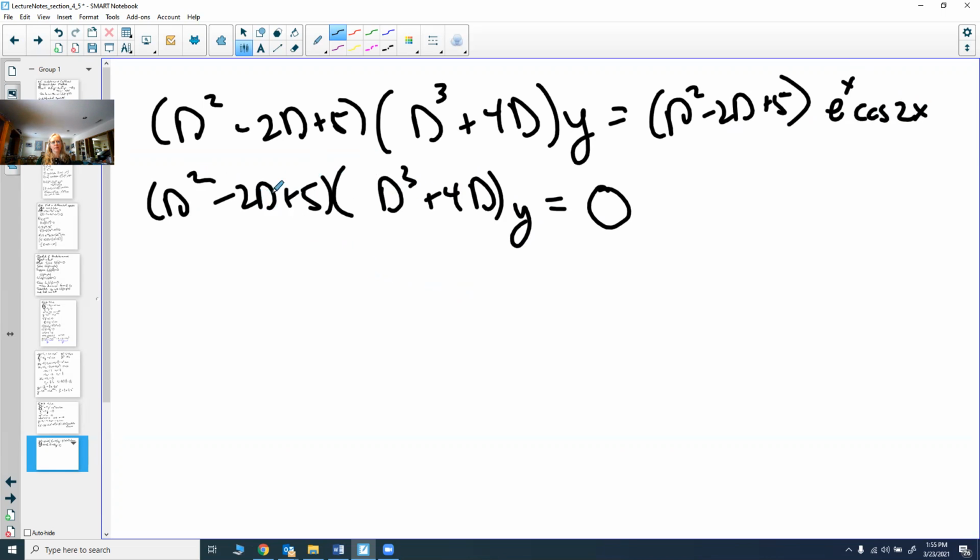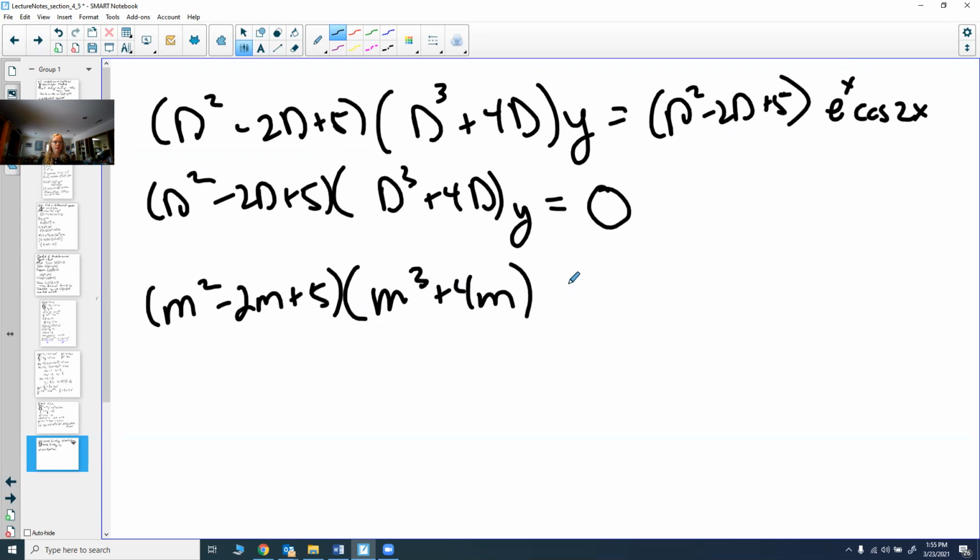I would not multiply this all back out again because we will be factoring when we get to our auxiliary equation. In fact, let's get our auxiliary equation. Our auxiliary equation is (m squared minus 2m plus 5)(m cubed plus 4m) equals 0. What's really nice about this method and writing this in the differential operators is you can see you're just replacing your D's with m's.